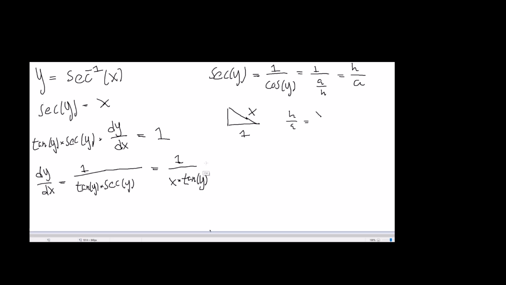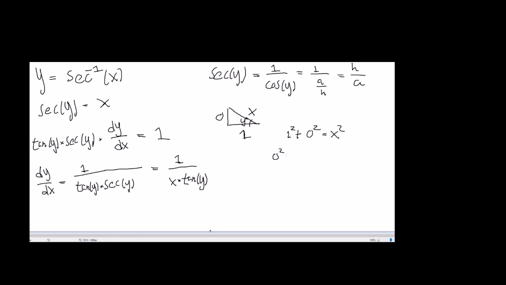And what is tangent of y? This angle is y then, of course. Well, the tangent is the same thing as the opposite divided by the adjacent. But what is the opposite side? This is the height of the triangle, and we know from the Pythagorean theorem that 1 squared plus o squared is supposed to be equal to x squared.